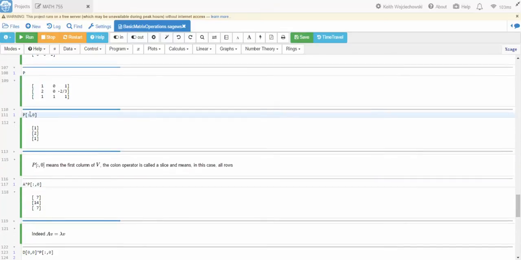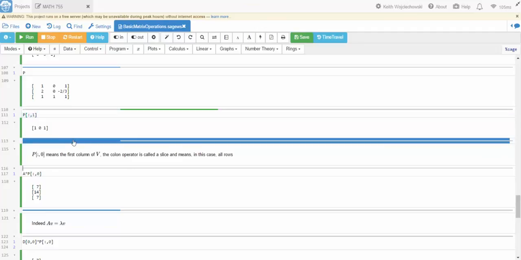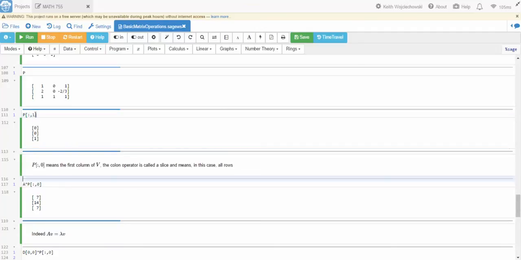So there's column 1. If I did it the other way, if I went all the columns and I hit a 0, I would get the top row. But let's do all the rows, and let's do the middle column, 0, 0, 1. And let's do the last column, 1, minus 2/3. So that colon is called a slice.